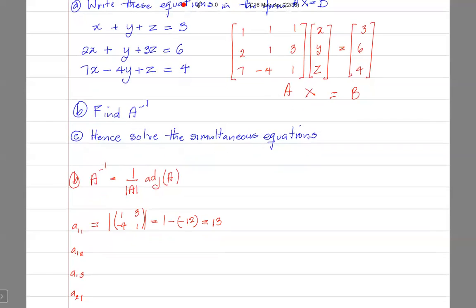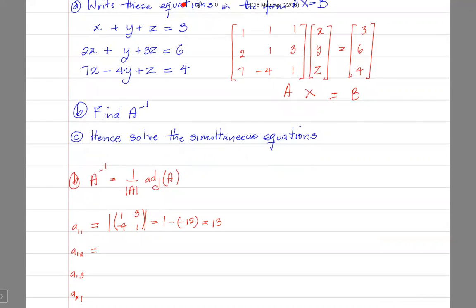All right, the cofactor for the second element in the first row. If I cover the top row and the middle column and find the determinant of whatever remains, that would be 2, 7, 3, 1. This is 2 minus 21, which is minus 19.